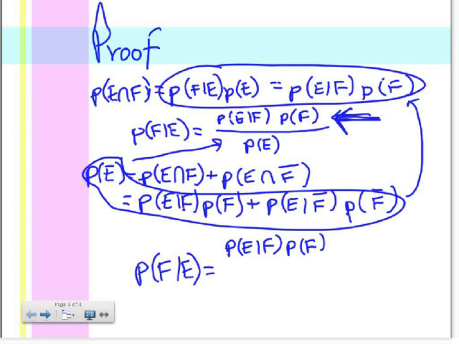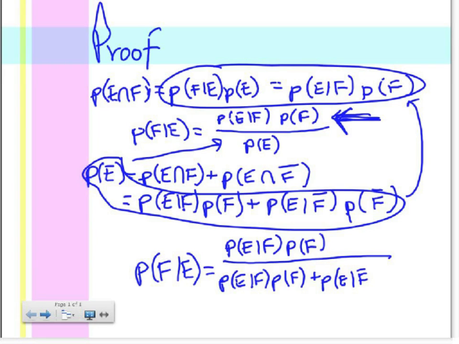And then on the denominator, we have the probability of E given F times the probability of F plus the probability of E given not F times the probability of not F. This was simply the expression we had for the probability of E right above. So that's the proof, and now we can work on some pretty simple examples.